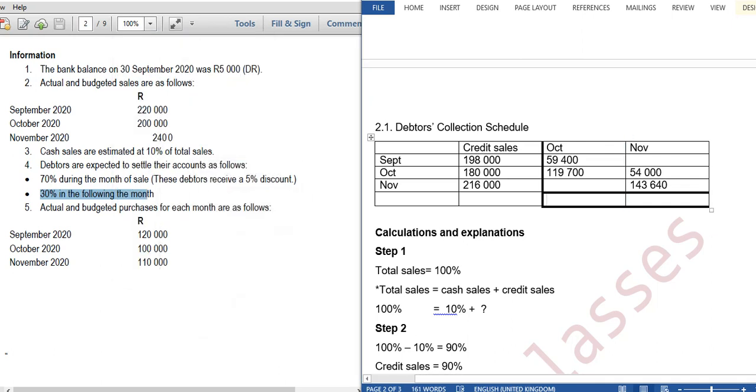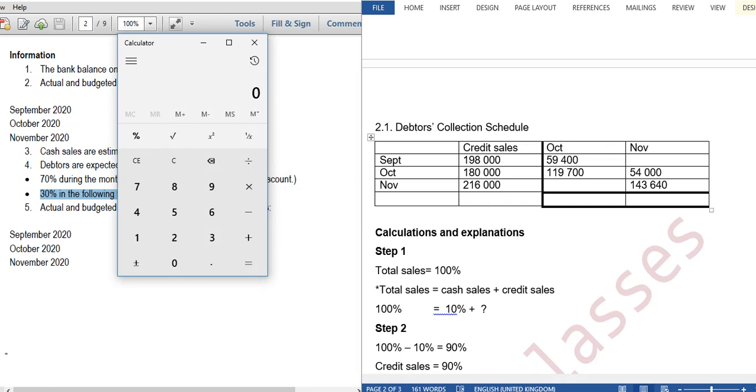So we are simply going to add this and this. This is easy. We are going to say 59,400 plus 119,700. We are going to get 179,100.